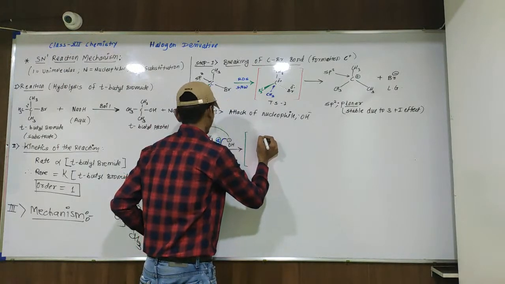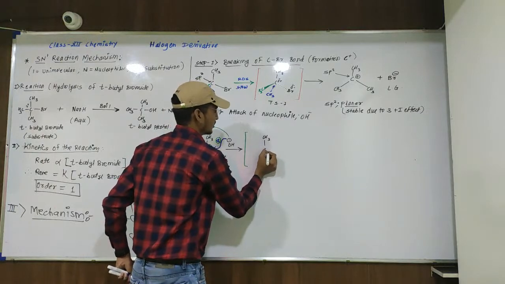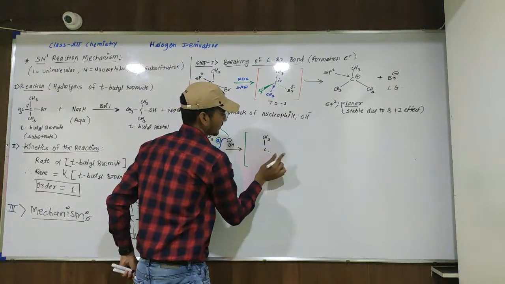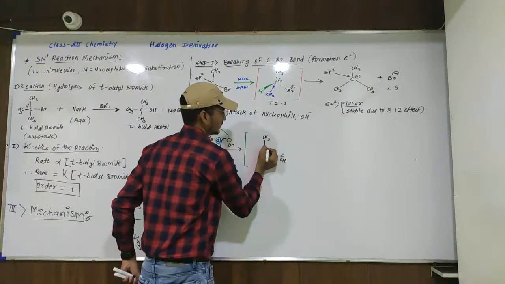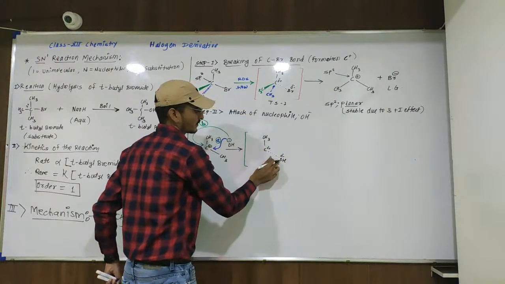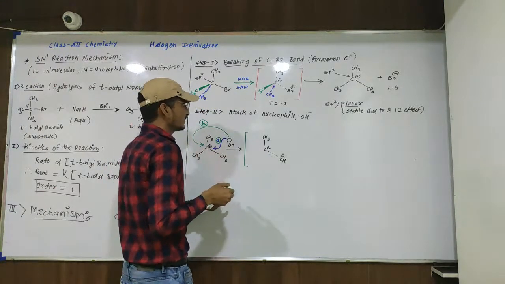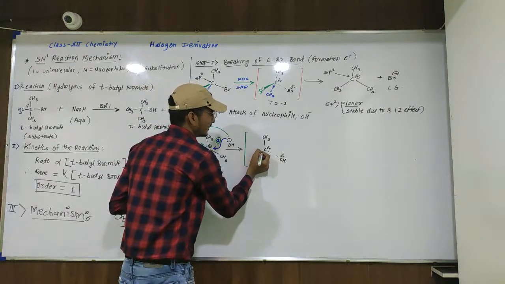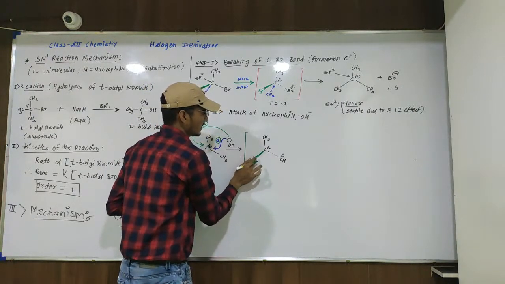Okay, so this is your carbon, no doubt. So this is where the nucleophile attacks, or where the nucleophile forms a bond with the carbon. And what about the CH3? Again, the other CH3 forms like this structure. So that is your CH3.